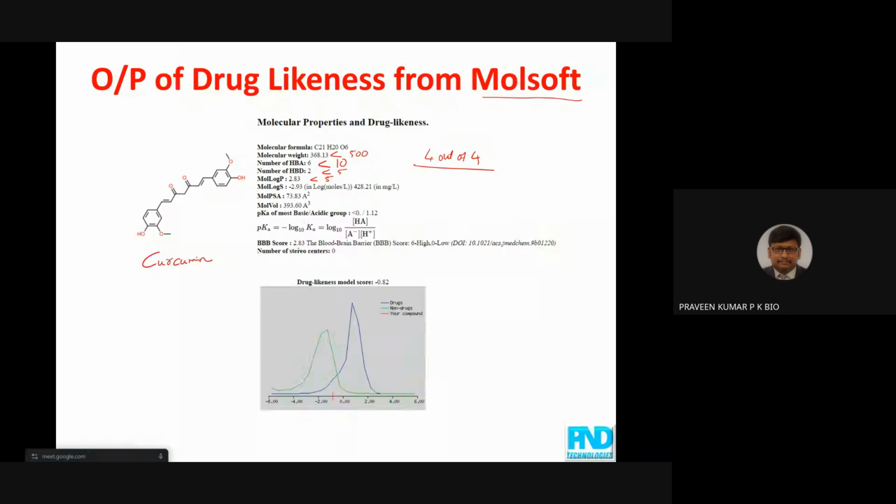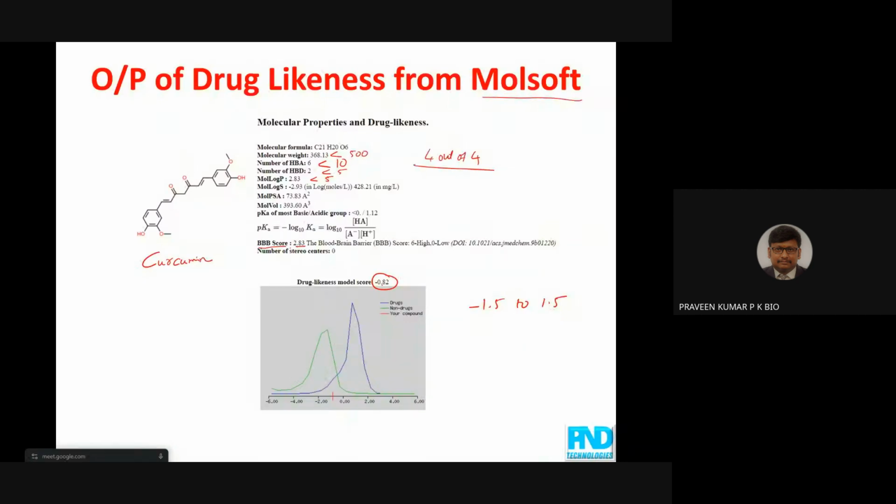And if you see this, in addition to that, we can get the blood-brain barrier score of 2.83 and the drug likeness score. This is most important. This is what we are finding from Molsoft. So this is a correlated formula from the physicochemical properties of the drug. According to this tool, the drug should be in the range of minus 1.5 to plus 1.5.